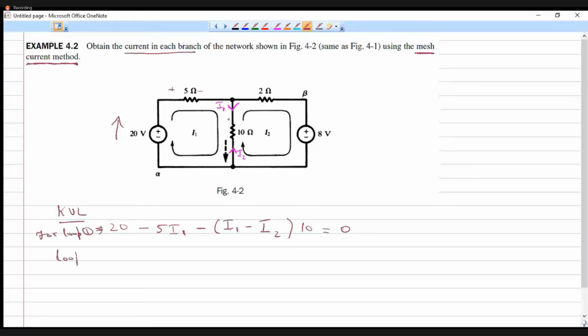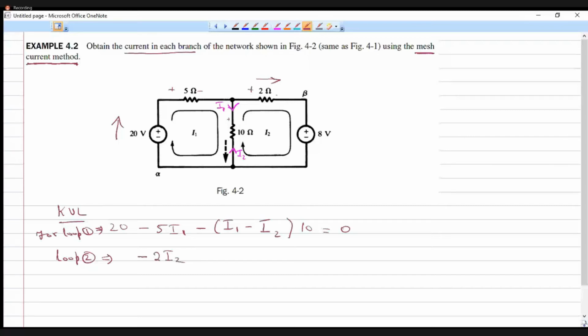Similarly, we can write another KVL for loop 2. Where do you want to start? You can start here if you want. So what should I write? Minus of 2 times I2, right?